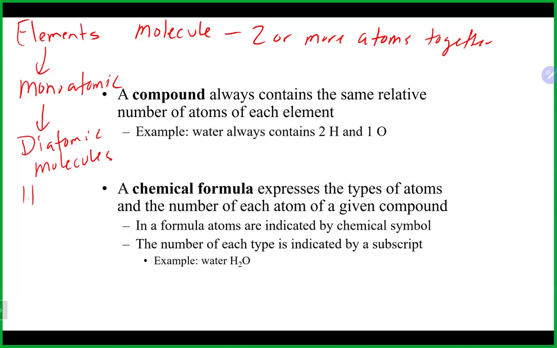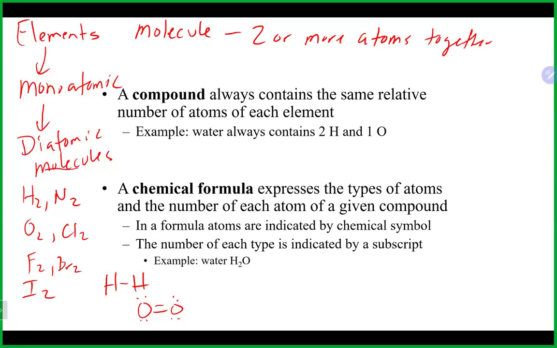Things like hydrogen, nitrogen, oxygen, chlorine, fluorine, bromine, and iodine. They all basically come as 2s, and that's how they naturally come if they're uncombined. So we have hydrogen, we have oxygen, a couple of oxygen atoms, and so forth.